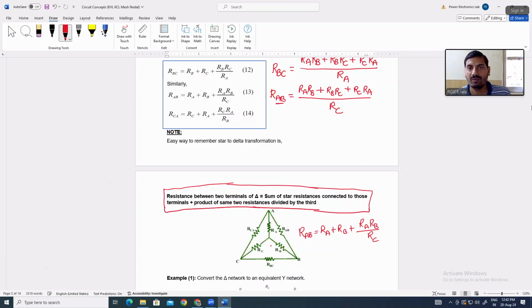This conversion will be very helpful for you while solving networks. Okay, while solving any circuit or network, means in the circuit you will have to find the voltage and current values. So in those circuits it will be very useful.